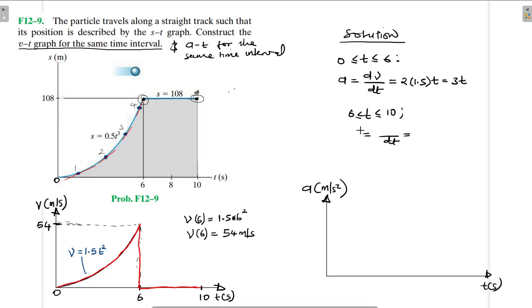Okay, and what about from 6 to 10? So acceleration is also going to be dv/dt. From 6 to 10 we don't have anything, so it's 0 also there.